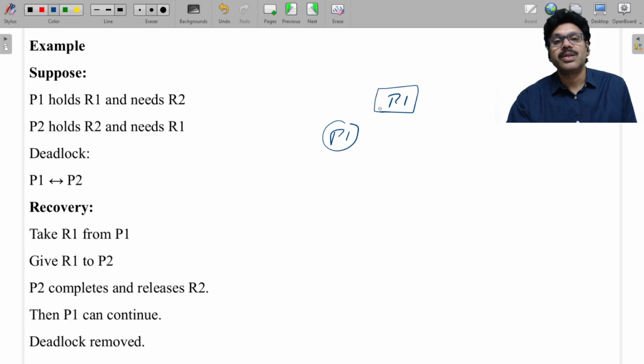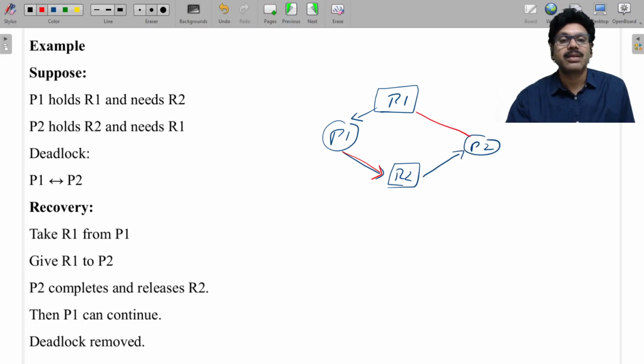That R2 is already allocated to some other process. R2 is allocated to P2, and P2 is requesting R1. So there is a cycle. In this case, we understand that there is a cycle formation and a deadlock has occurred between P1 and P2. So we will recover it.